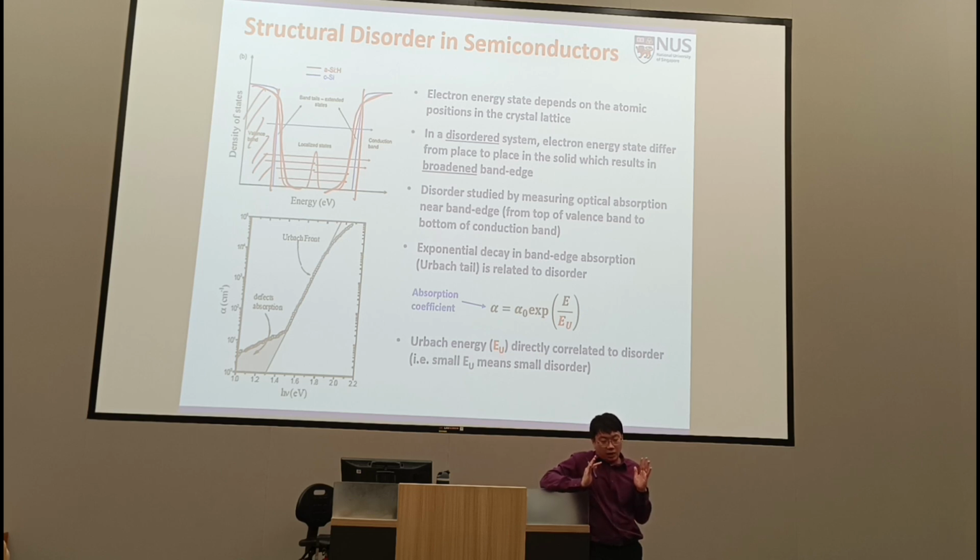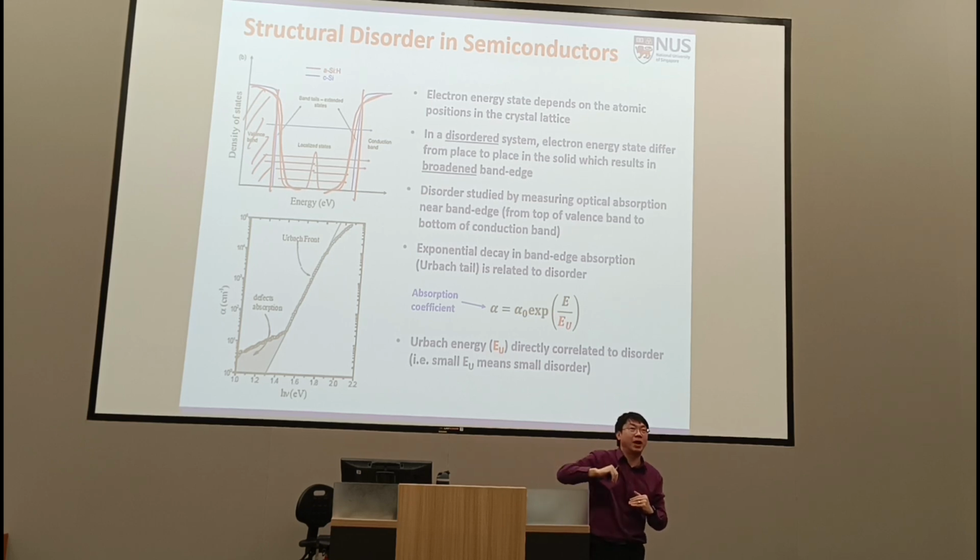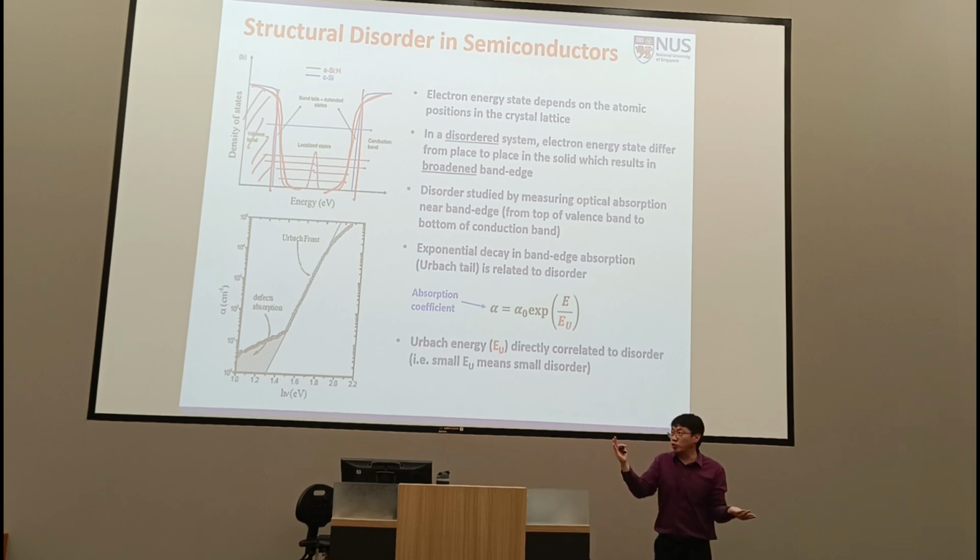Now, if all my bonds are the same length, then I would have a very fixed value for my bonding orbital and anti-bonding orbital, correct? Now imagine if some bonds are shorter, some bonds are longer, then some of my bonding orbitals will be a bit lower, some a bit higher, and so on. So I will have a distribution of bonding orbitals and a distribution of anti-bonding orbitals, correct? And this distribution is represented as that slope. It's a distribution of states.